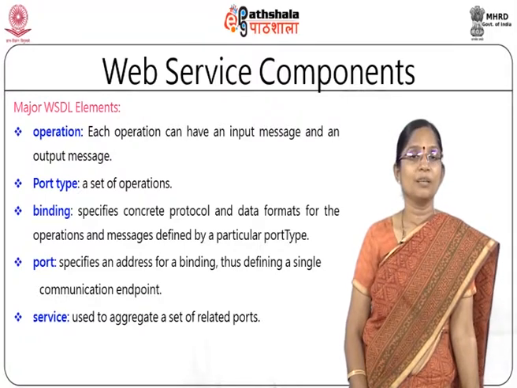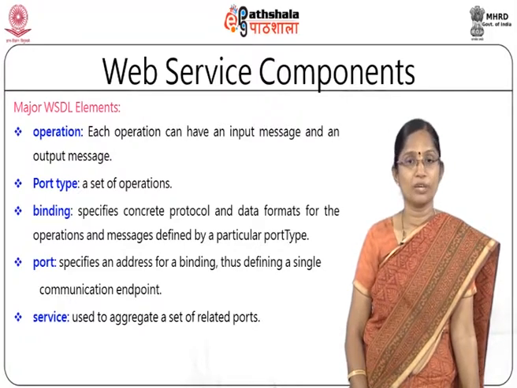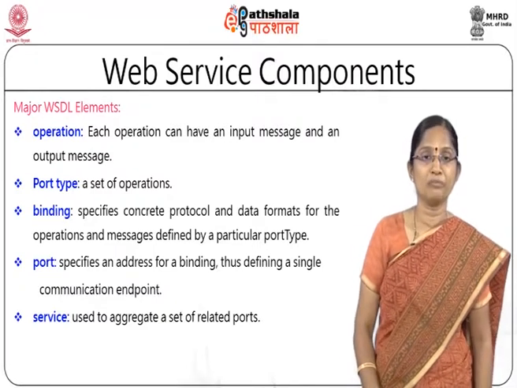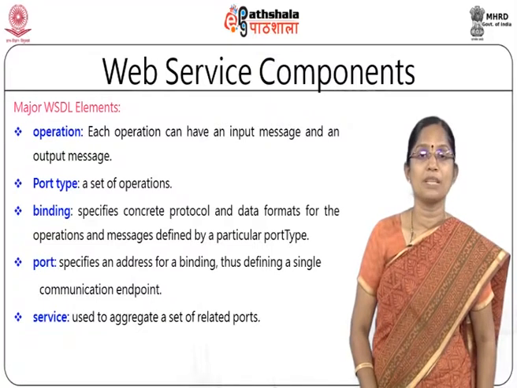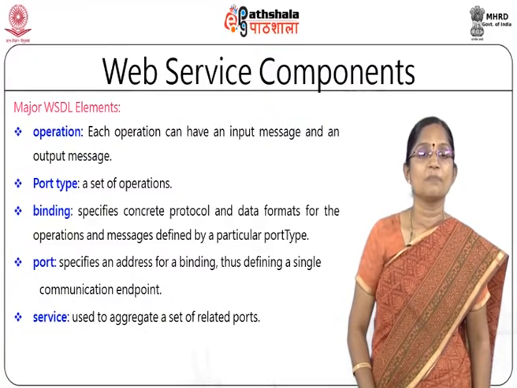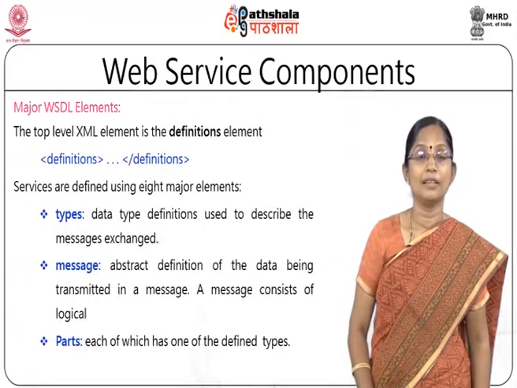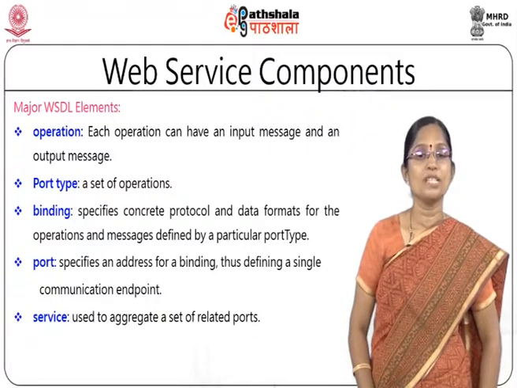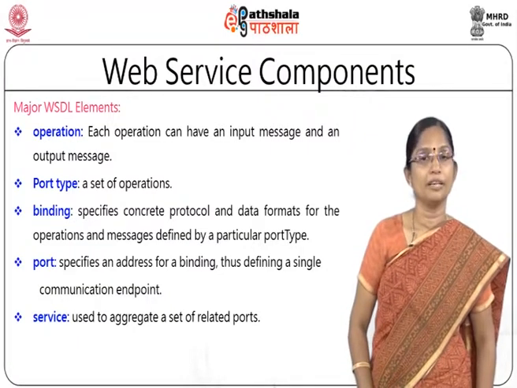The port type element gives you the set of operations. Then binding specifies the concrete protocol and data formats for the operations and messages defined by the particular port type. Then port specifies an address for the binding. The service is used to aggregate a set of related ports.